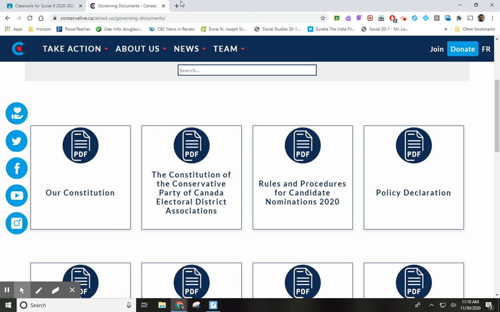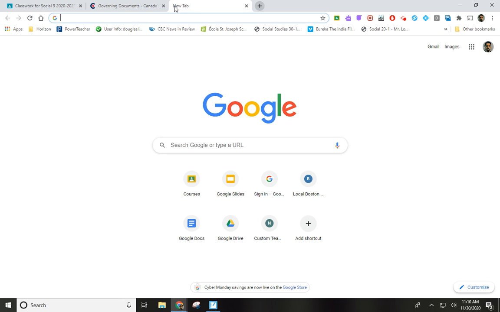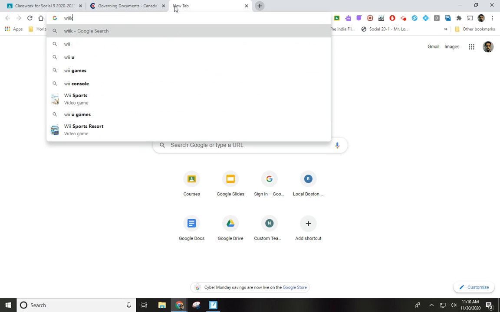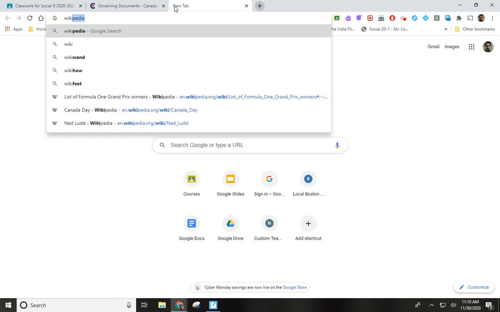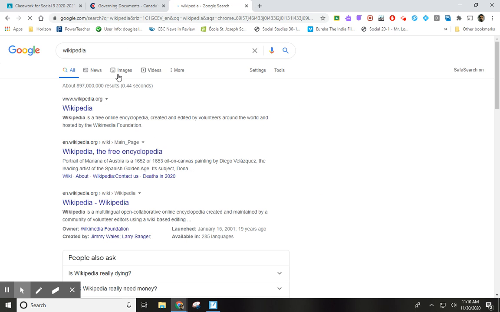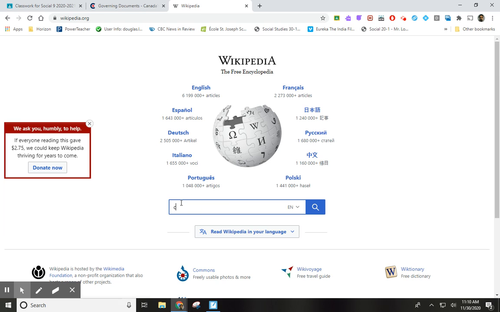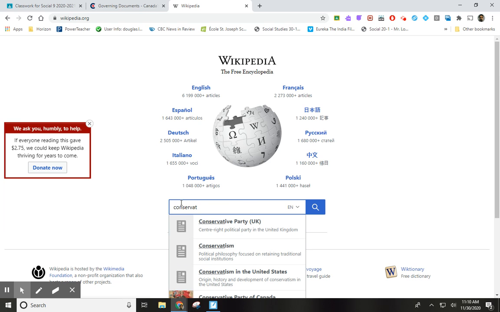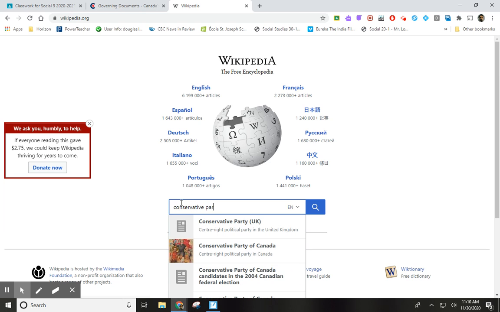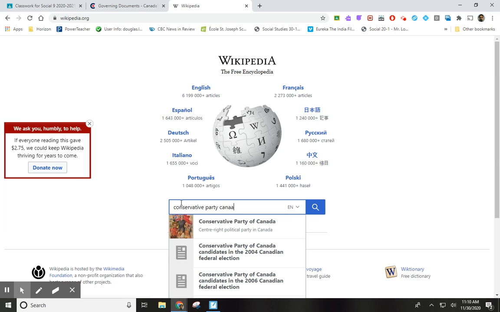You know, if worst comes to worst, you can always go to Wikipedia and you could look up Conservative Party of Canada. And you could do this for any example.